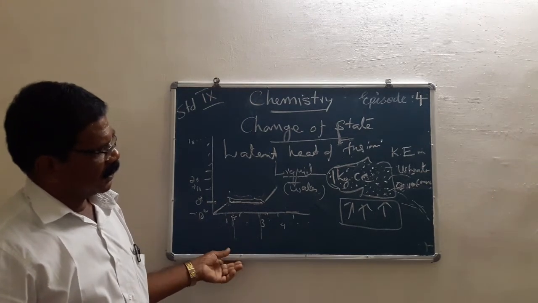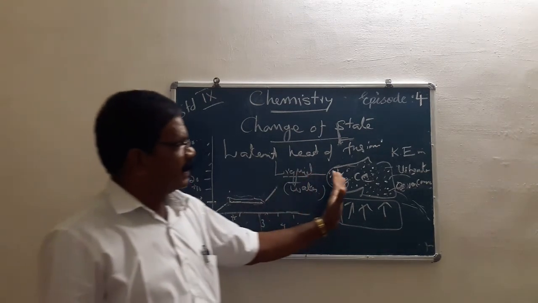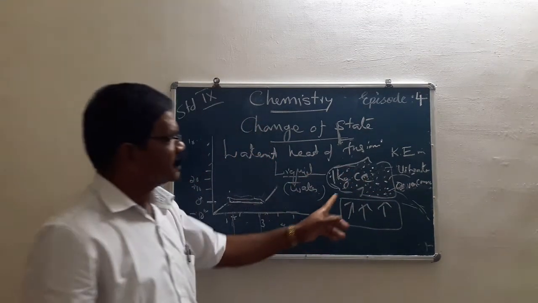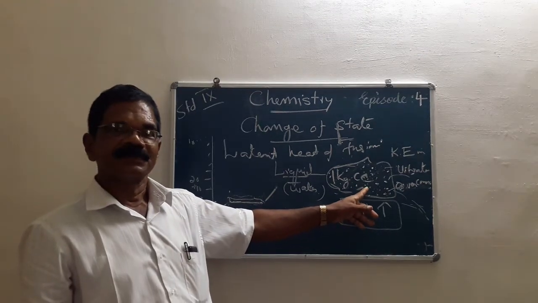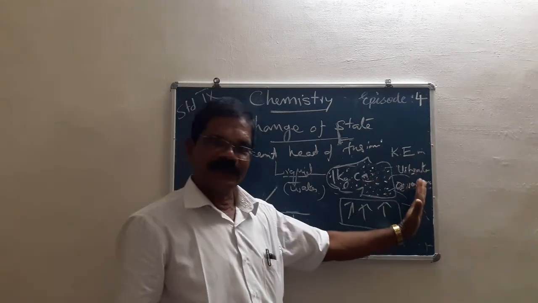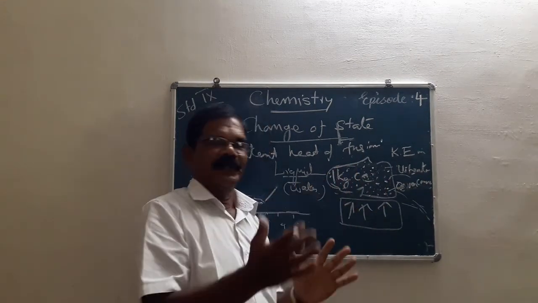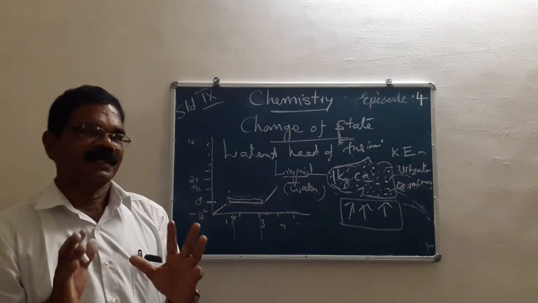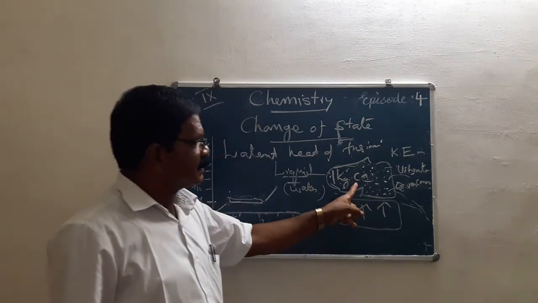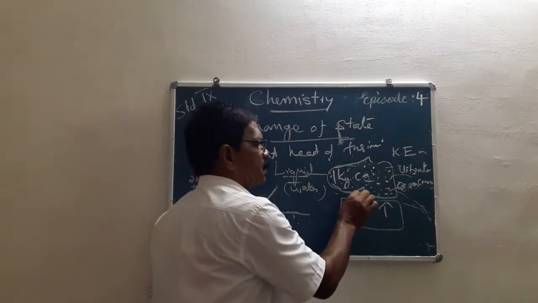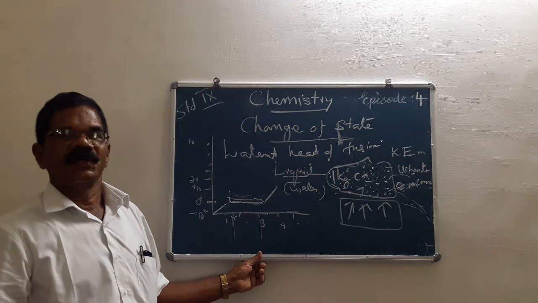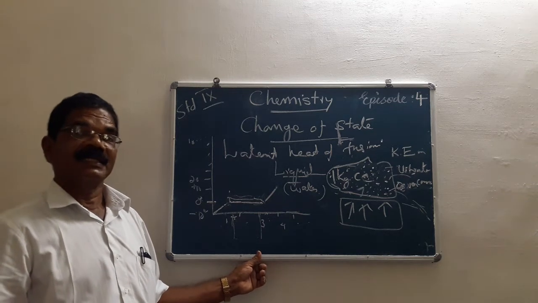There is one more thing you must know: during this process, while the change takes place, there is no rise in temperature. In between the solid state and the liquid state, there is an intermediate state, the change occurring. During that change, the thermometer does not show any rise in temperature.